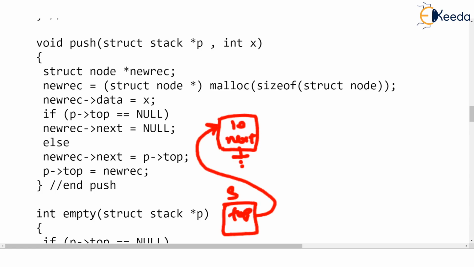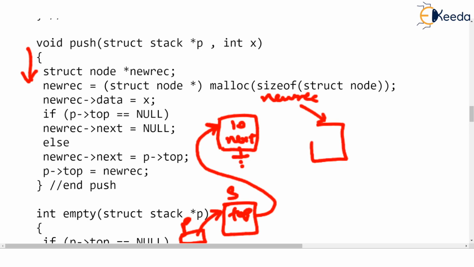And we had a pointer called P. This was the parameter which stores the address of S. Now coming into this function, we declared a new pointer called newrec, and we asked this newrec to point to a new node, isn't it? By malloc. And then we said, hello, newrec arrow data should be X, which was 20, assuming that the user has passed 20. But then we wanted this next pointer of 20 to point to 10.